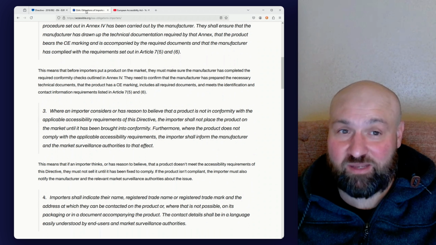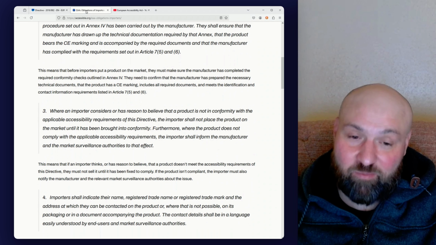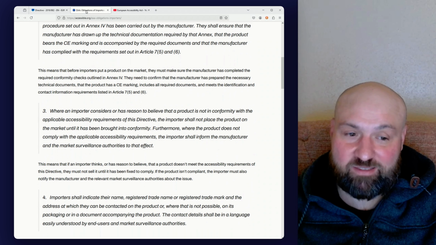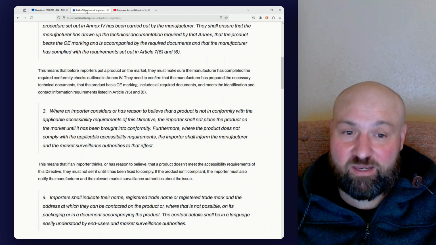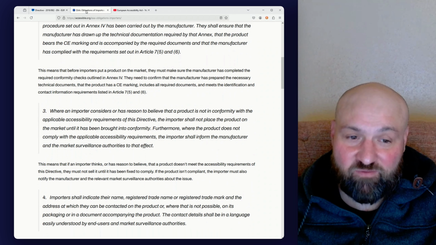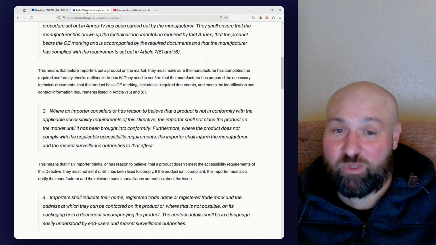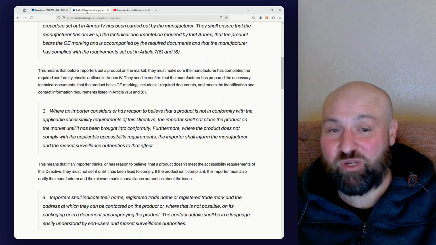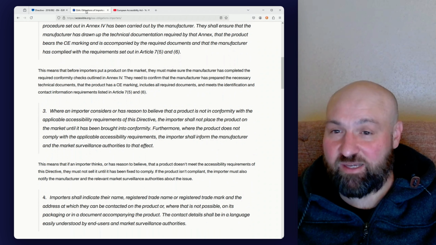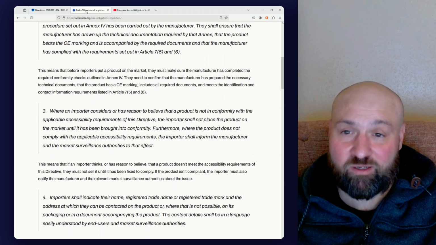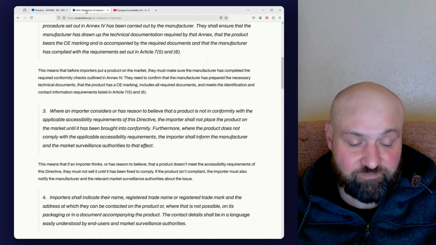In a previous video, it was distributors. And then, of course, it can also include the product manufacturers as well as the service providers. But we have these different economic operators. And here, the European Accessibility Act is helping the surveillance authorities to check and see if there are any products that aren't meeting the requirements.